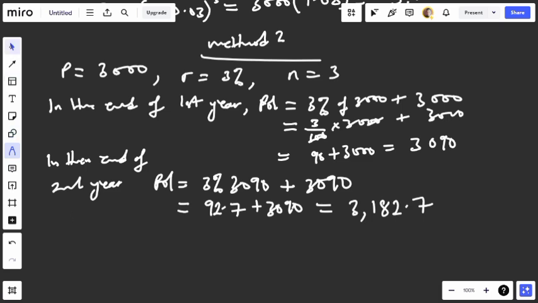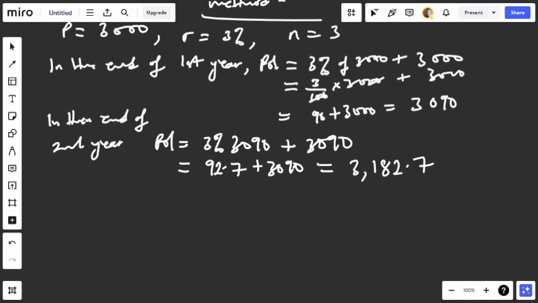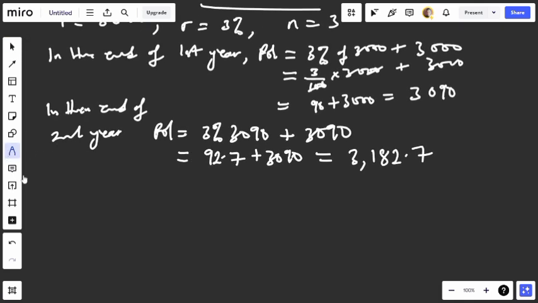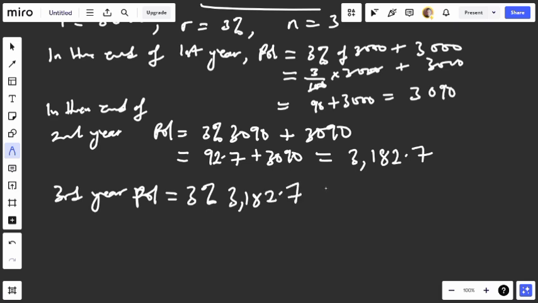So by the end of the third year, the population will be 3% of the previous population, 3,182.7, plus the previous population, 3,182.7.